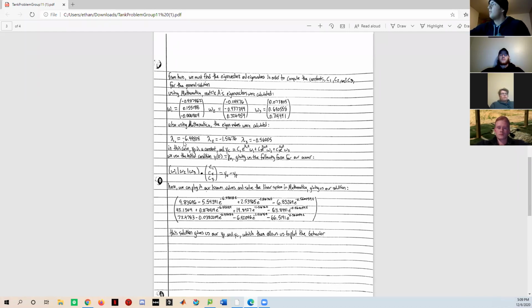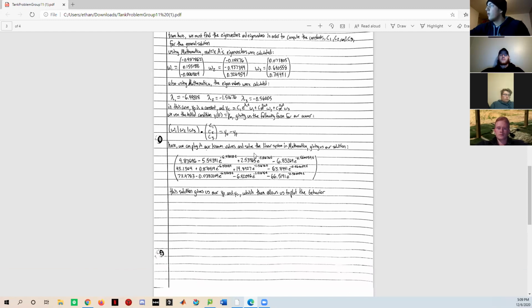And in this case, since yp is a constant, and we use our form of yc to guess what the final answer will look like, we're just going to plug the eigenvectors and the eigenvalues into our yc and solve for c by multiplying the matrix of eigenvectors by c, setting that equal to y sub 0 minus yp.